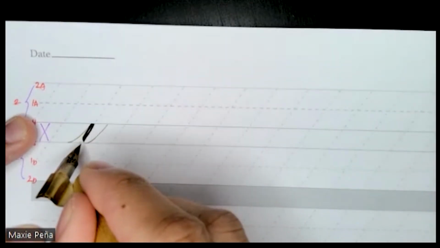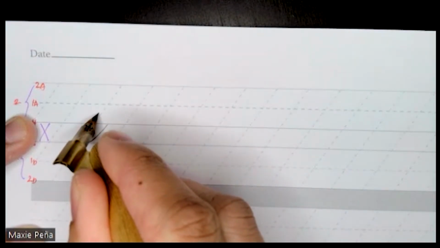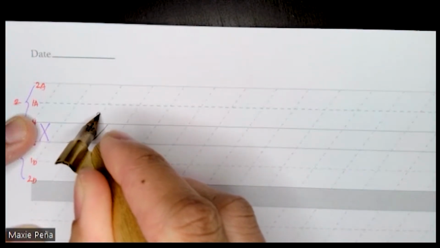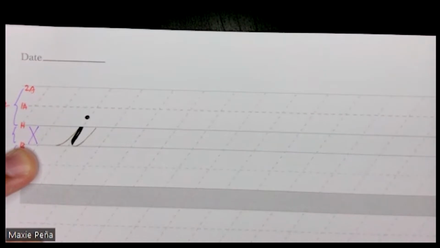Let's keep going. Pretend that this is your slant. Make sure that your dot is aligned to your main shade.